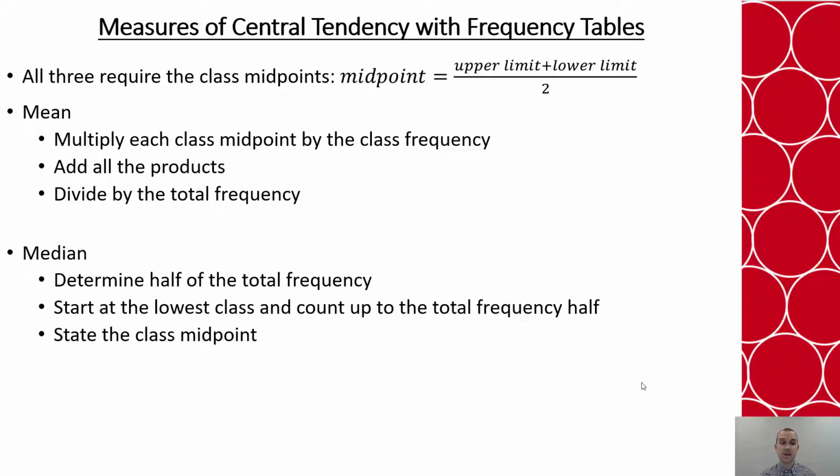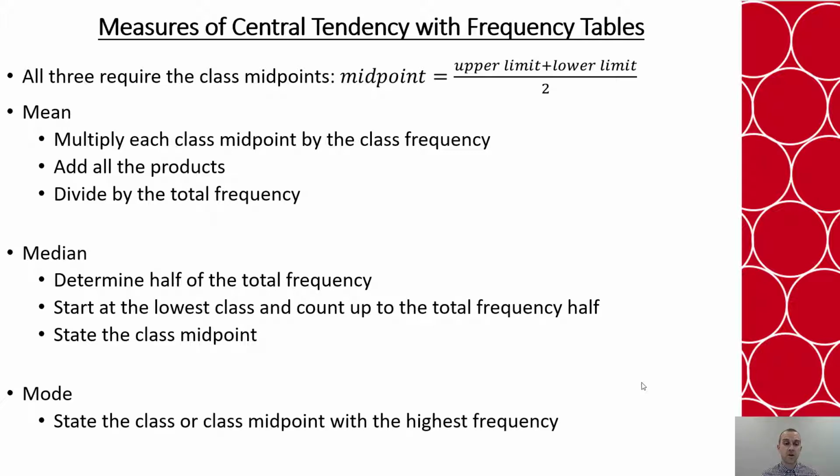If I want the median, I determine what would be the literal middle of my data, what entry number. And then I'm going to use those midpoints and I can count the frequencies until I get to that actual midpoint. And then for the mode, I'm just looking at what class or class midpoint has the highest frequency. So you'll see the mode reported 2 different ways, just depending, and both of them are appropriate.